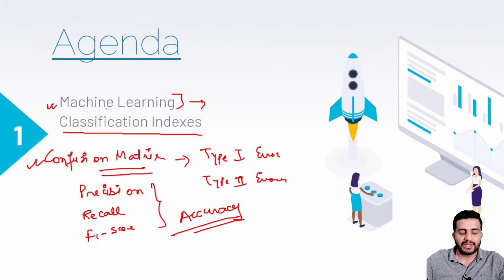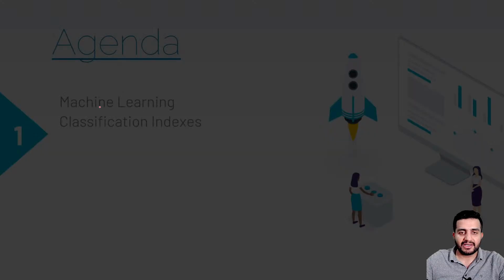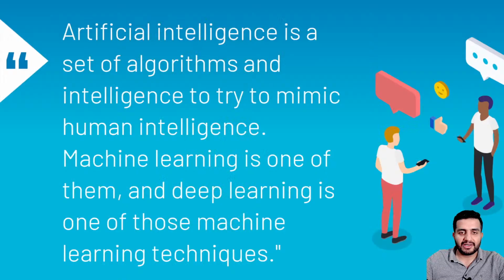Cool, guys. So that's pretty much what the agenda says, but moving forward, just a quick recap. Artificial intelligence is a set of algorithms and intelligence that try to mimic human intelligence. AI is nothing but a set of algorithms trying to mimic my human brain, right? A human brain can do a lot of different things, like I can do possibly everything here, like a normal human brain.